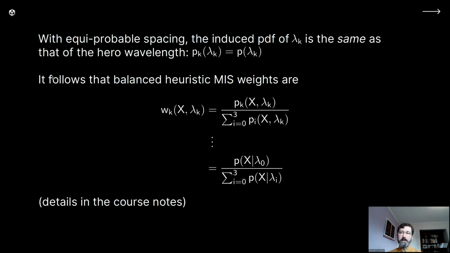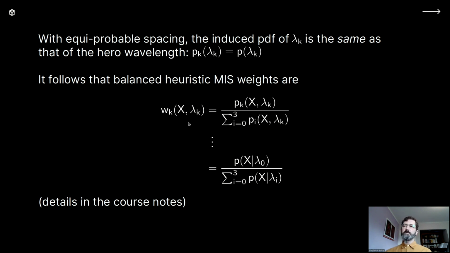And then after some calculation, for which I'm going to refer you to the course notes, we can compute the MIS weight, so the multiple importance sampling weight, in the case in which we want to balance the 4 samples that have followed our path.